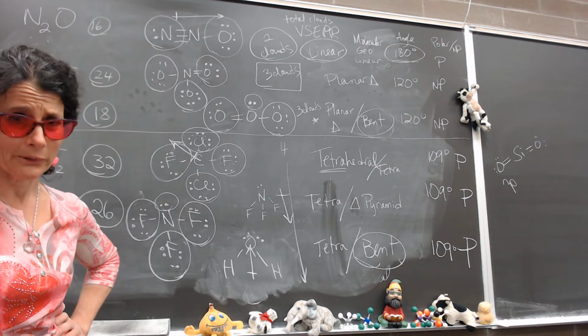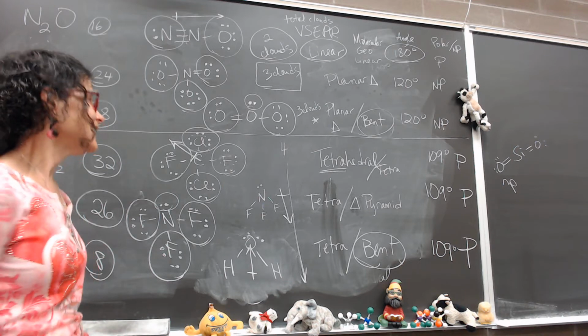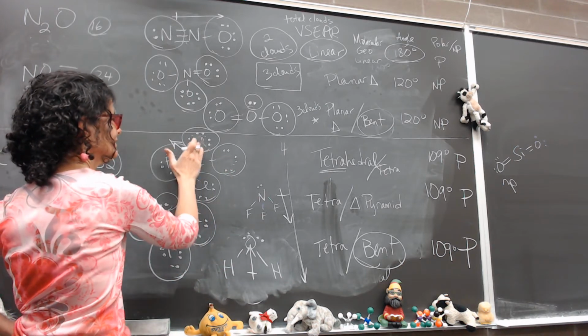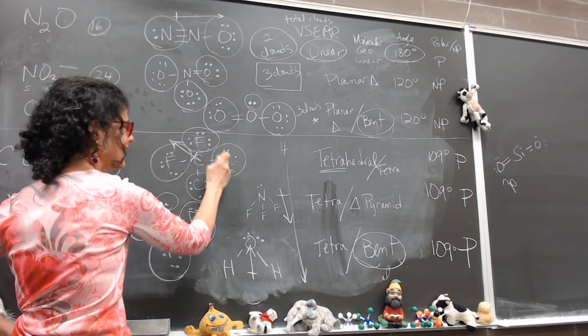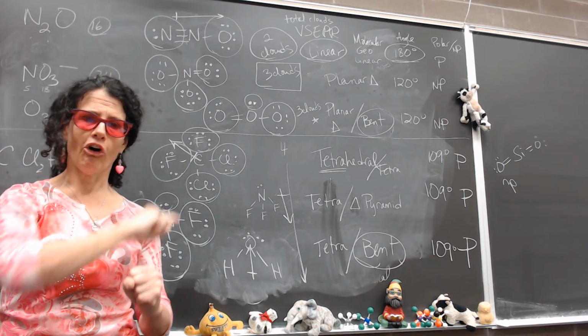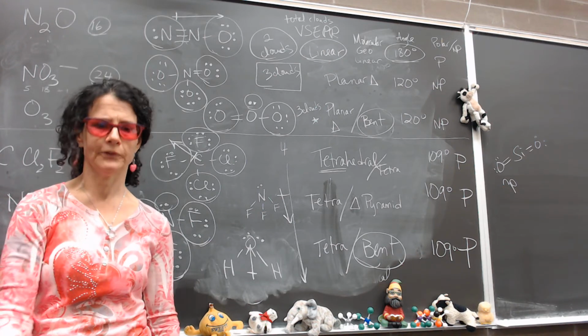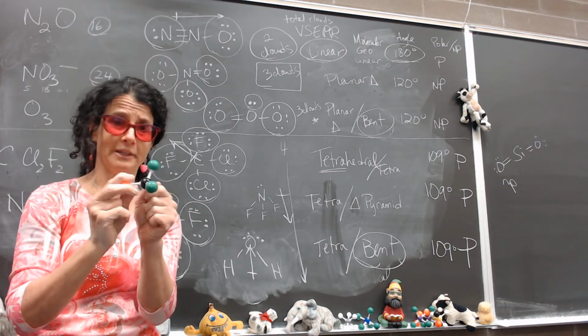It is still polar. If I ask you to show me the polarity, you've got to show it the way I showed it so that you can see the polarity. Tetrahedrals, unless all 4 clouds are the same, have a pull, and that is because they're 3-dimensional.